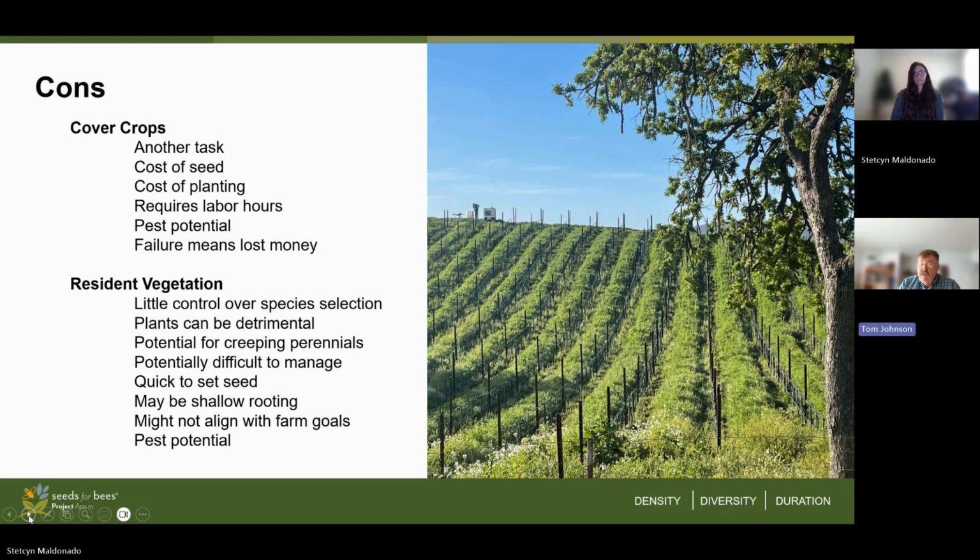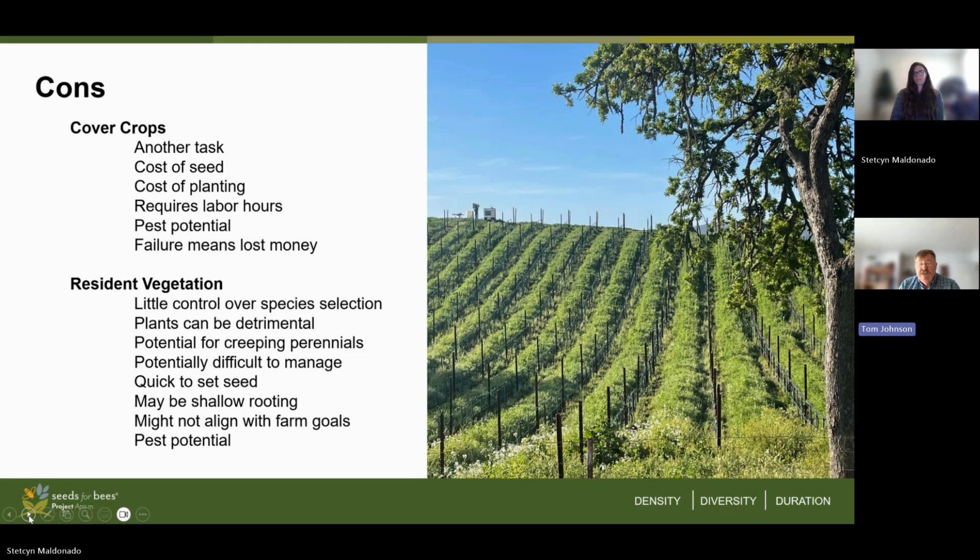Having it out there might not align with your farm goals. I want to do this, and I need to get that out of my farm. And having that resident vegetation out there growing where you don't want it to, or trying to utilize it as your cover crop, and it spills seed everywhere, may turn into, we've got to reevaluate what we're doing.